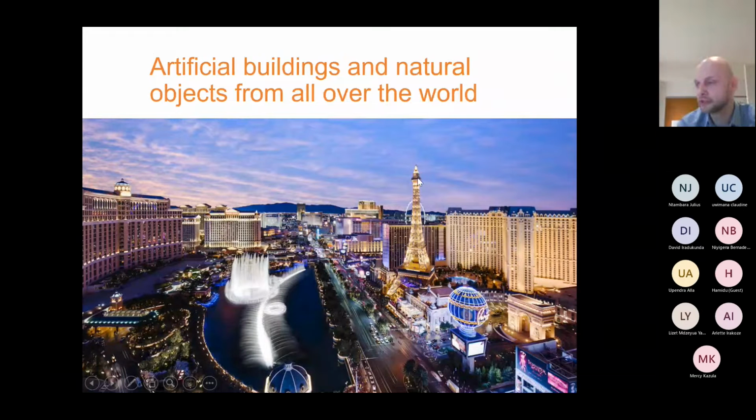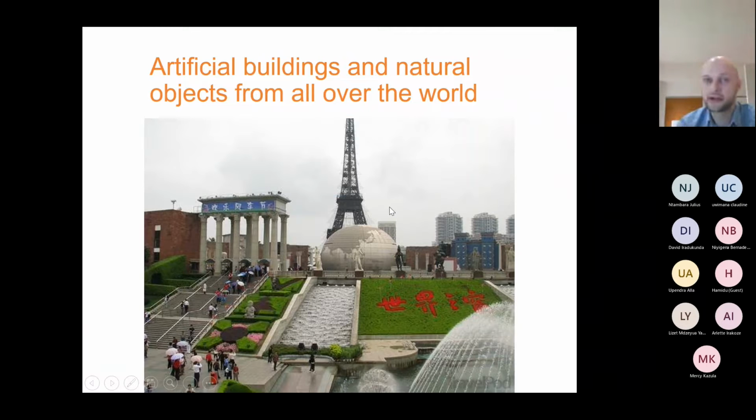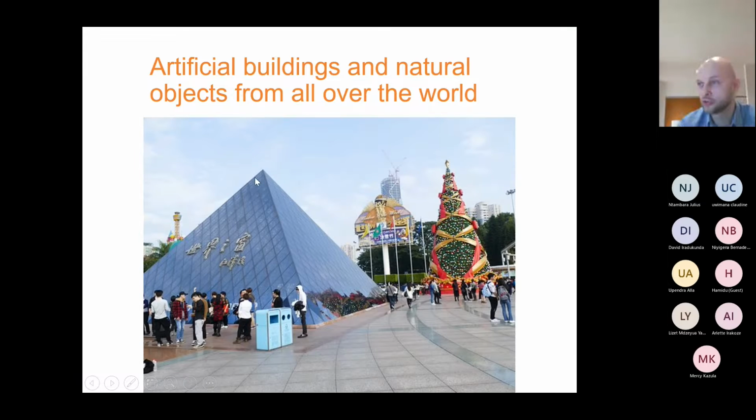You can see the Eiffel Tower here, gates from Berlin, and there are some artificial buildings from other cities, like China, Shenzhen, and this city is named Shijie Chuanghu, or the Window to the World. Also you can see some infrastructure from Paris.